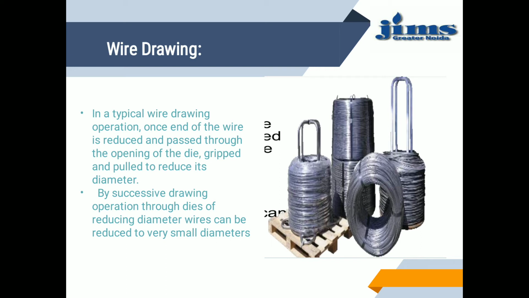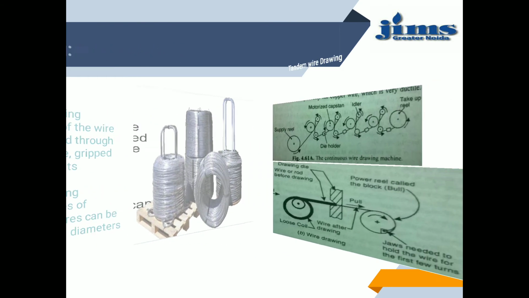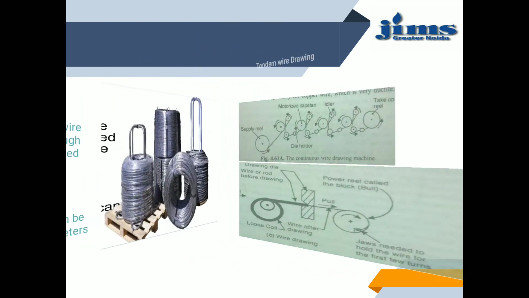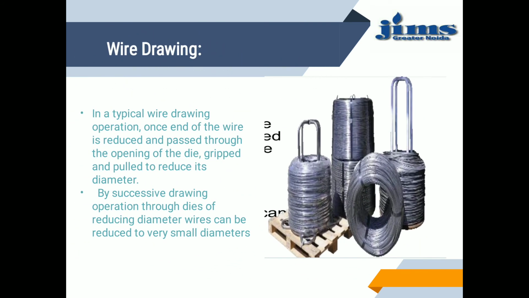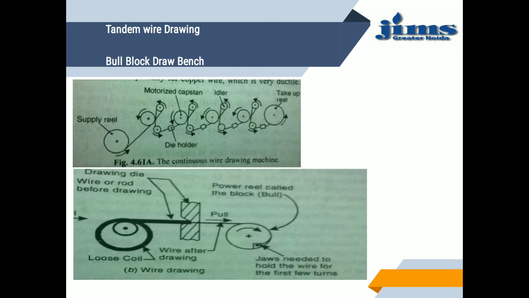By successive drawing operations through dies of reducing diameters, wires can be reduced to very small diameters, as shown in the picture. In the next figures, you can also see how a metal is pulled by wire drawing through a bull block, or it can also be done by continuous wire drawing operation.